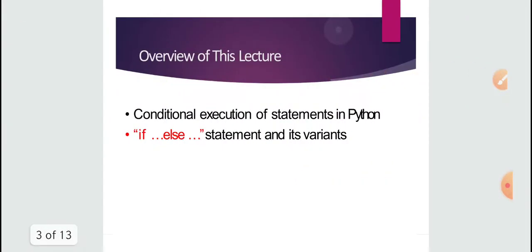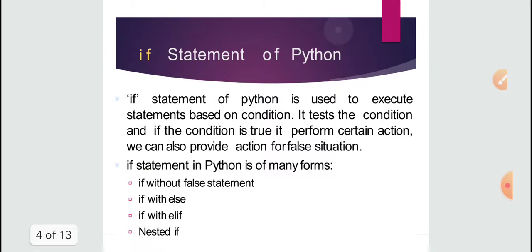In this lecture, we learn about the conditional execution of statements. Python provides us the if-else statement and its different variants for carrying out conditional execution. The if statement of Python is based on a condition. This condition is made up of certain relational and logical operators.